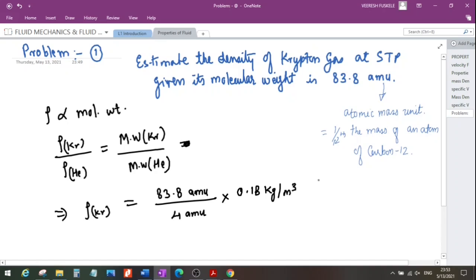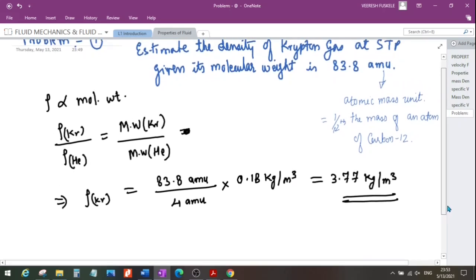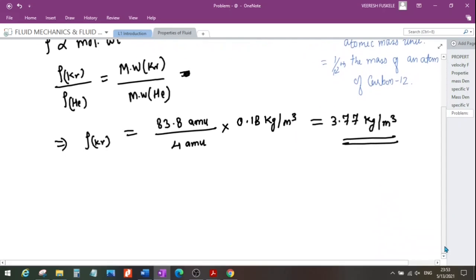So this density of krypton comes out to be 3.77 kg per meter cube. So this is how we can use these properties to determine the property of any other gases. Another small example, let us see.